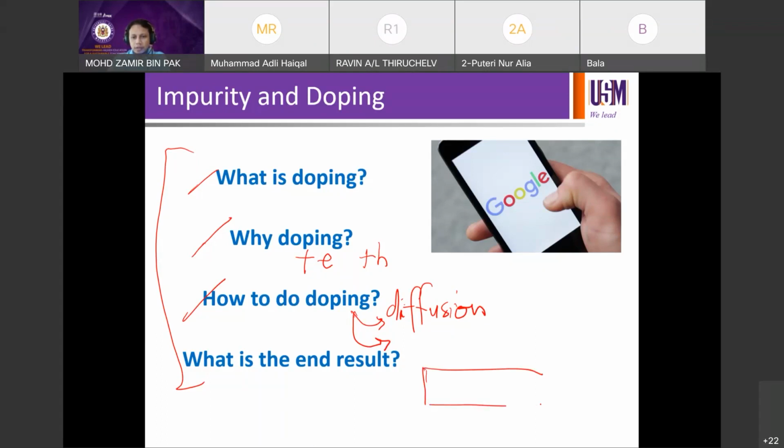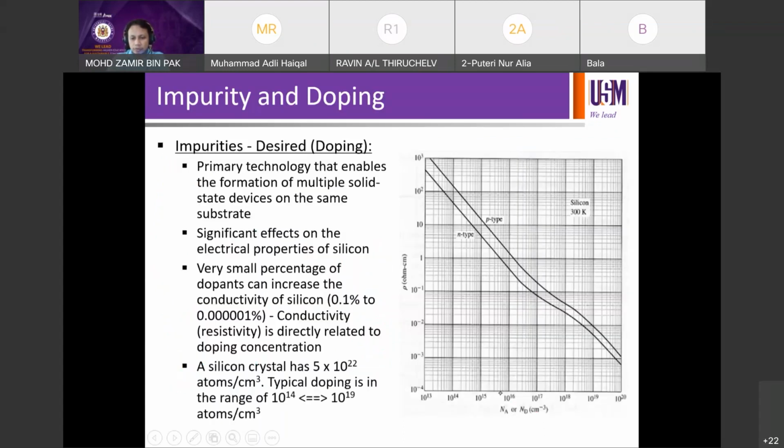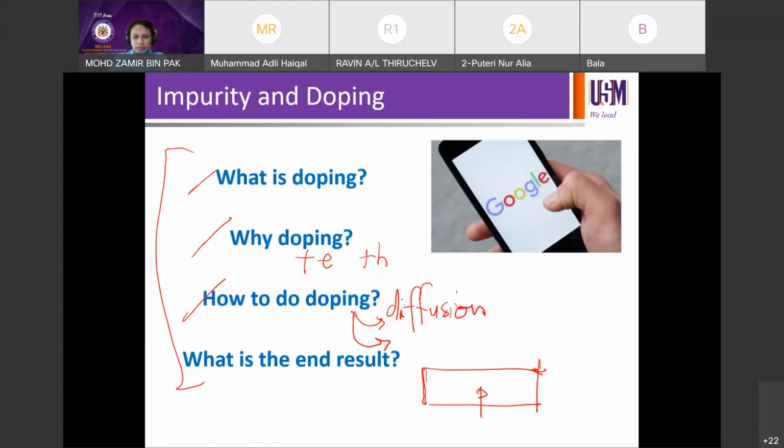Nanti we're gonna learn about this p-n junction thing, but what it means essentially, okay. For example, if you want to fabricate a device, and this depends on what device you want to fabricate. For example, if you start off with a p-type silicon wafer, say this one is p-type.